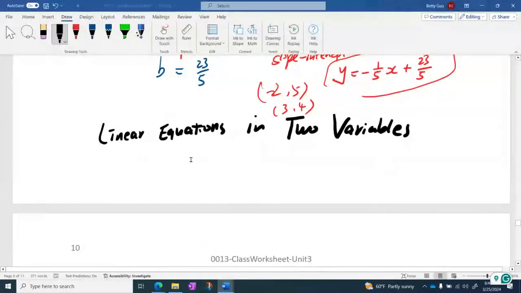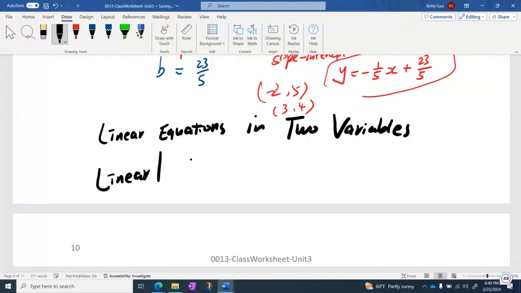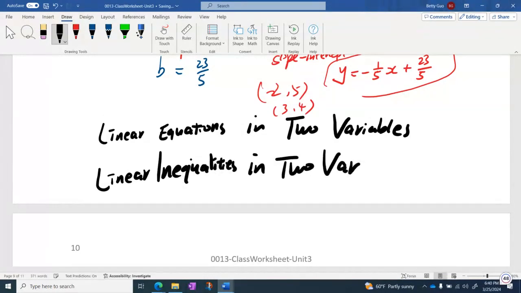Okay, so we are going to continue. The last section of this chapter is about linear inequality in two variables.